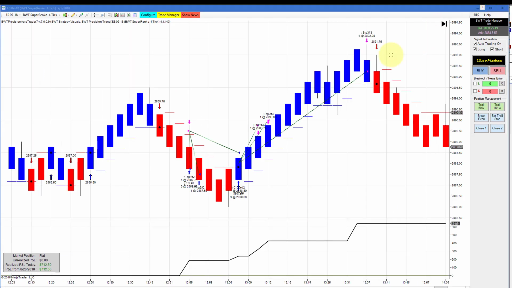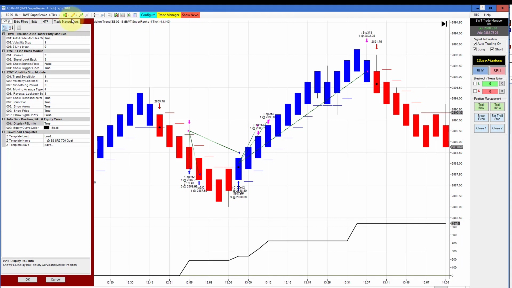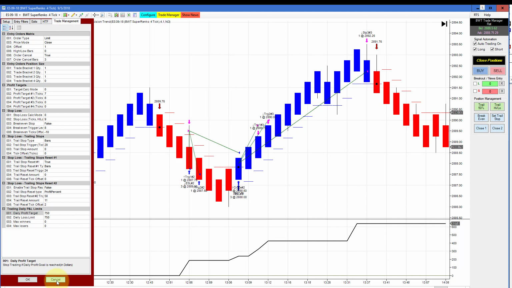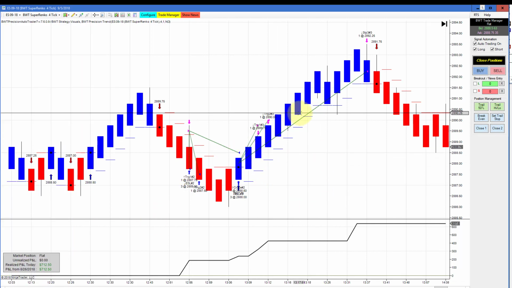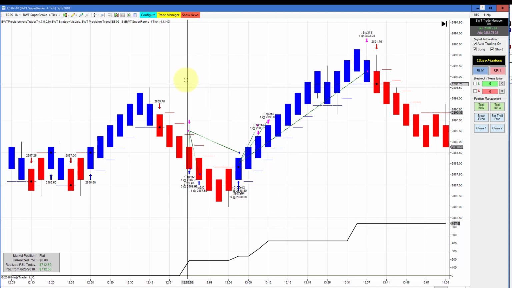Okay, the E-mini S&P on a Super Echo 4-tick, this is the one trading 3 contracts. This, I think, is shy of its goal. No, this hit its goal of 750, so this is only going for 250 a contract, and it did so in a couple of quick trades.